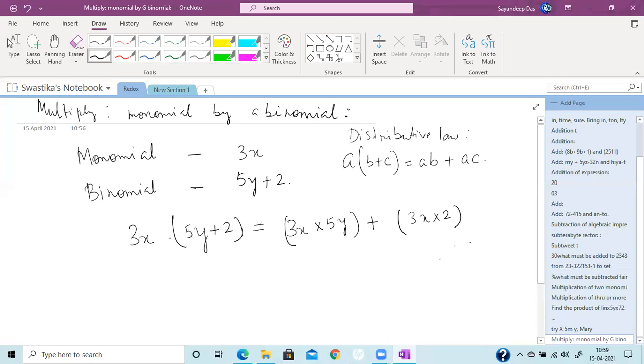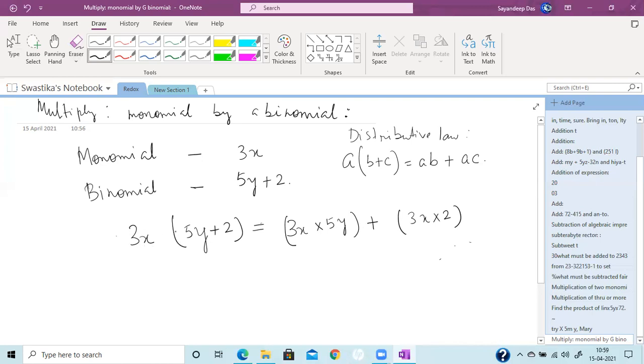Now, when you are simplifying this kind of expressions or multiplying a monomial by a binomial, you must consider the signs. Here 3x is positive.